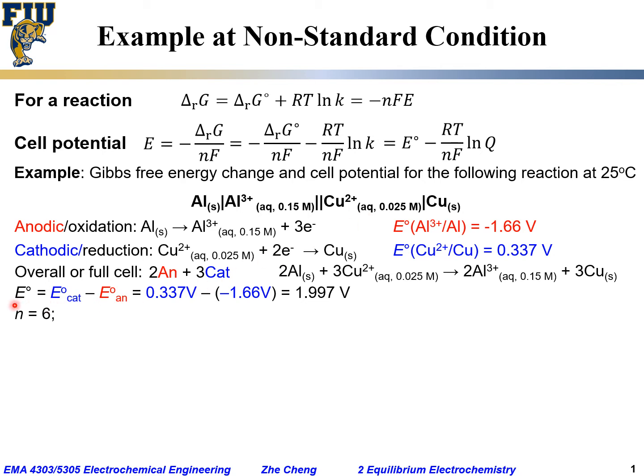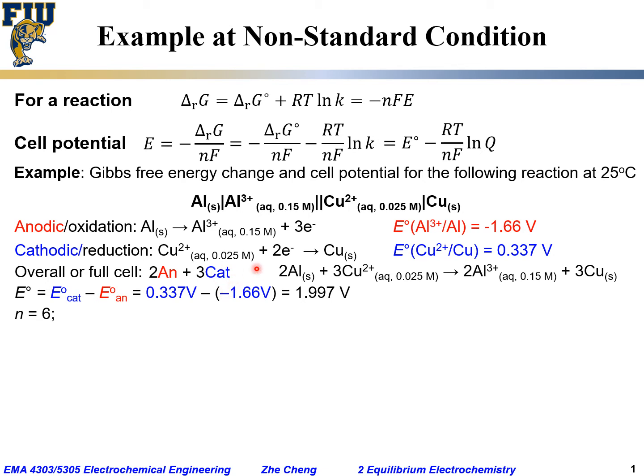And what about the number of electrons transferred per progression of this chemical reaction? I said n equals 6. How do you know? Well, when you add the anodic and the cathodic, you have to multiply the anodic by a factor of 2. So 3 electrons times 2, that will be 6 electrons.